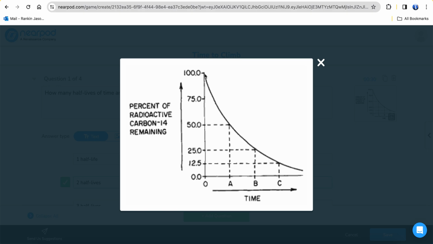So 100% is our maximum at time 0, and half of 100 is 50. One half-life is A, half of 50 is 25, and the second half-life should be B. Half of 25 is 12 and a half, and that should be half-life 3, which is location C along the x-axis.